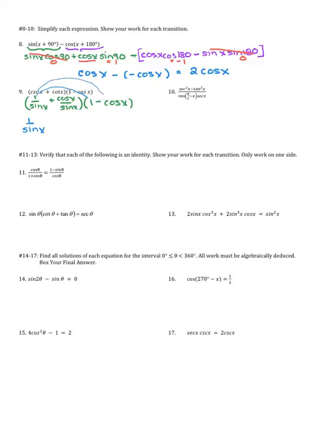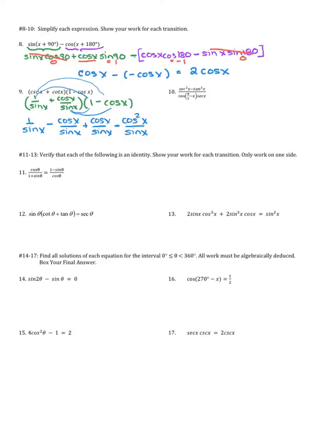My outer term gives me minus cosine x over sine x. My inner term gives me plus cosine x over sine x. And my last term gives me minus cosine squared x over sine x.